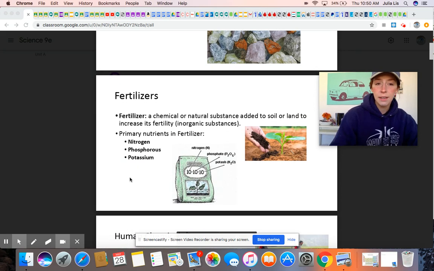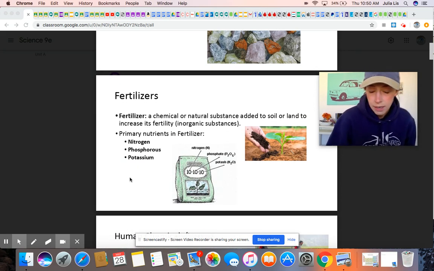So now looking at those inorganic substances, what lots of agriculturalists and farmers will do when they're trying to grow certain plants is realize that certain plants need certain amounts of inorganic substances. They need these substances to grow and develop just like you and I do in our diets.